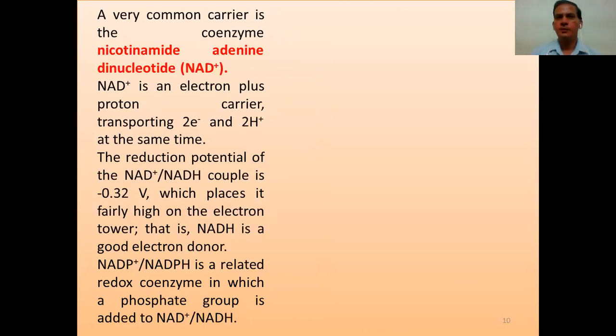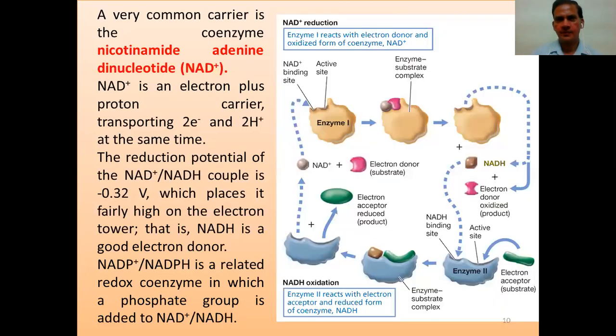The reduction potential of the NAD plus NADH couple is minus 0.32 volt, which is quite high in the table. So NADH is a good electron donor. NADP plus NADPH is a related redox coenzyme in which a phosphate group is attached.